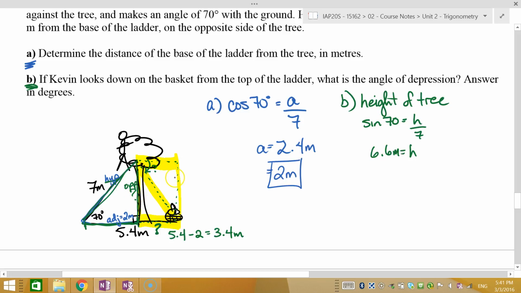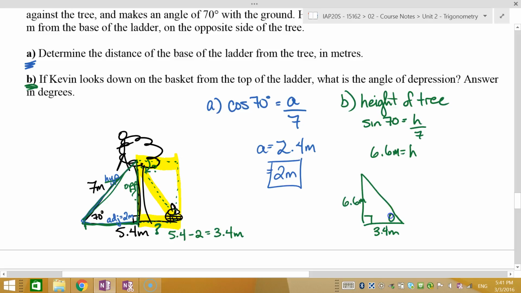Now that I know two sides of my new triangle, and I'm just going to resketch it here so we can visualize it better, I know that this is 3.4 meters along the bottom. I know my tree is 6.6 meters tall.